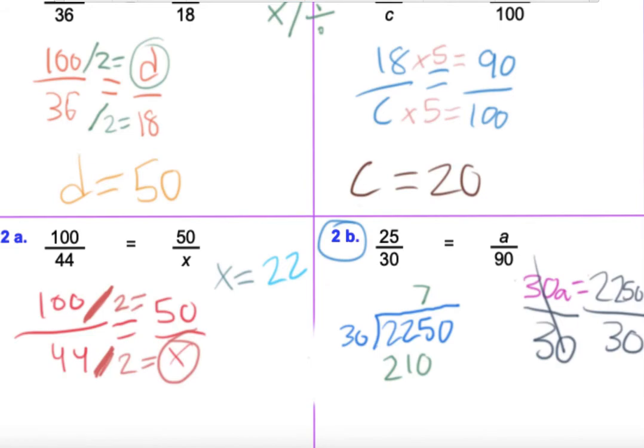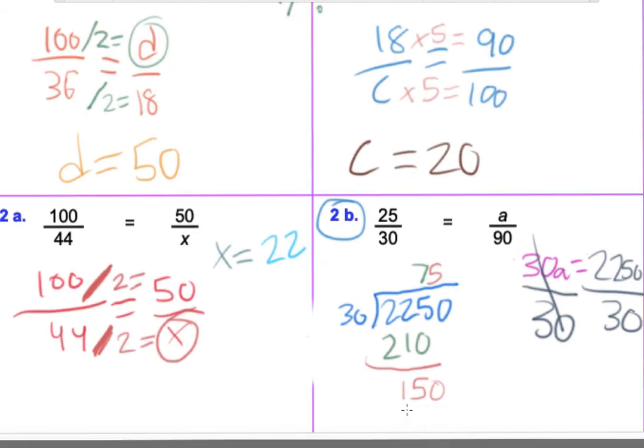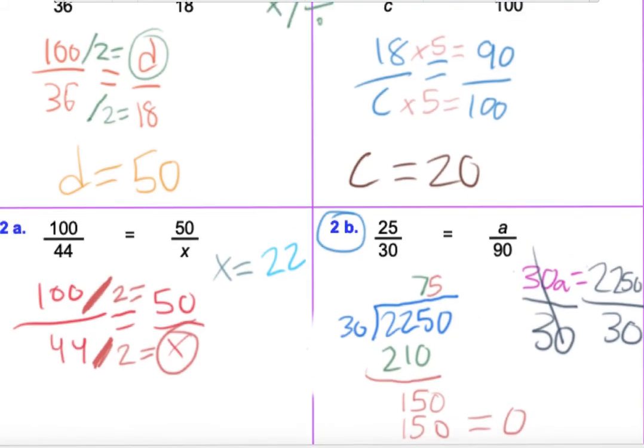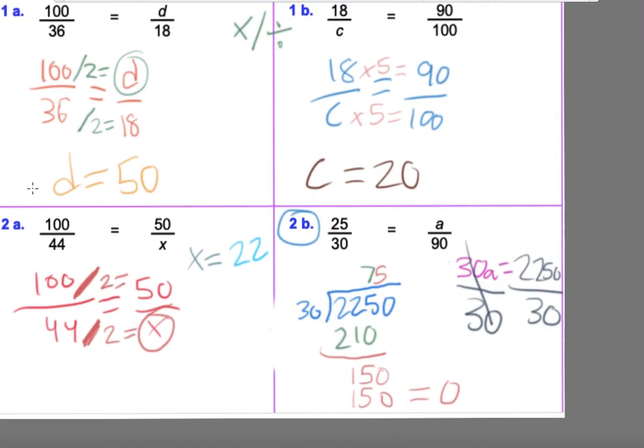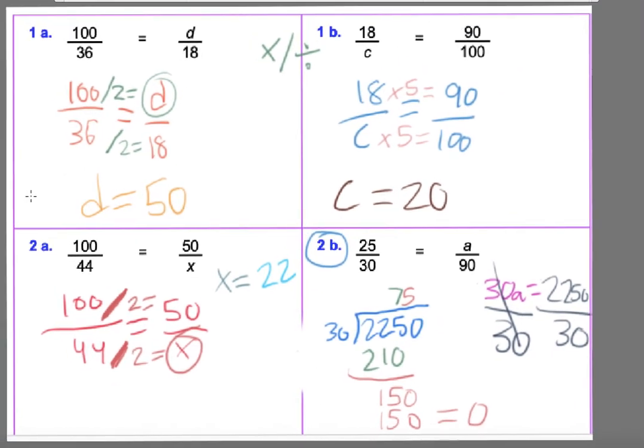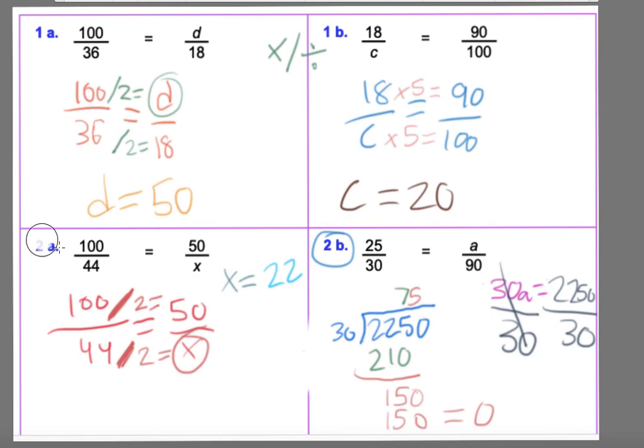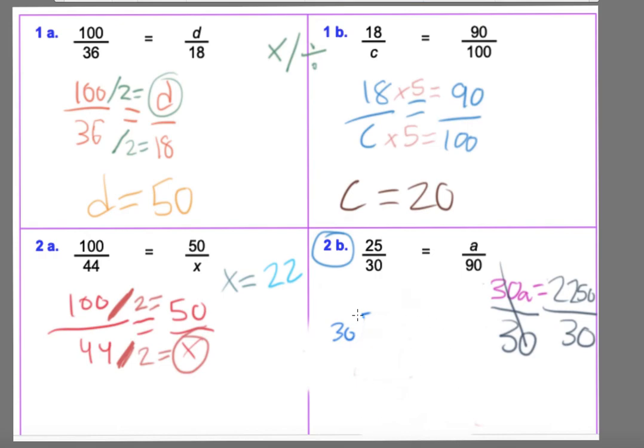It's just to prove your method. Okay, so you have 210. Subtract to get 15, bring down the 0, 150. 30 goes 5 times. 150, and you get 0. Now we know that our answer is 75.